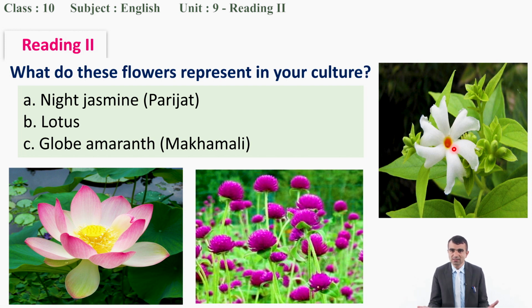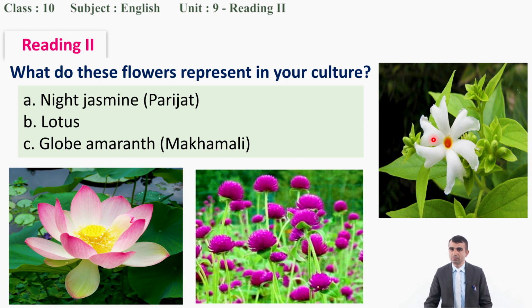If you have any idea, you can say it. Please say loudly. What does it indicate? What does it represent in your culture? Good. This night jasmine represents love, devotion and modesty. It blossoms during night, doesn't it?